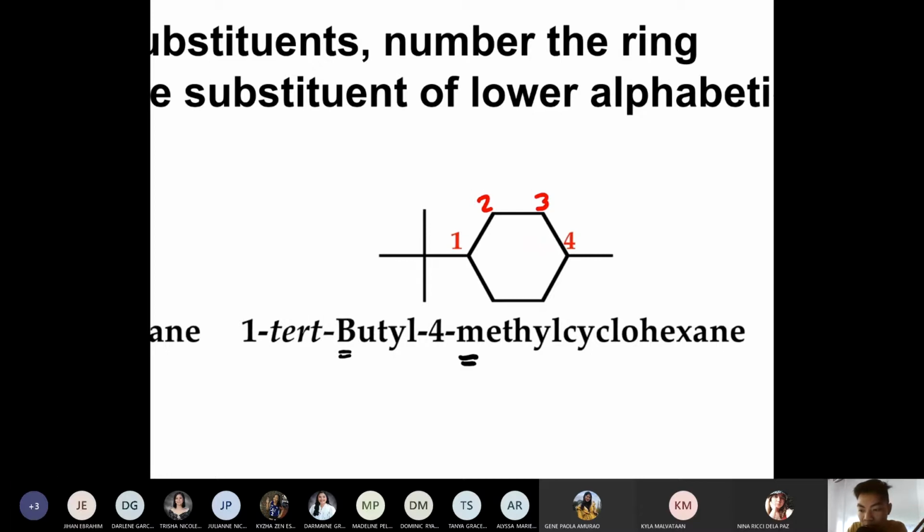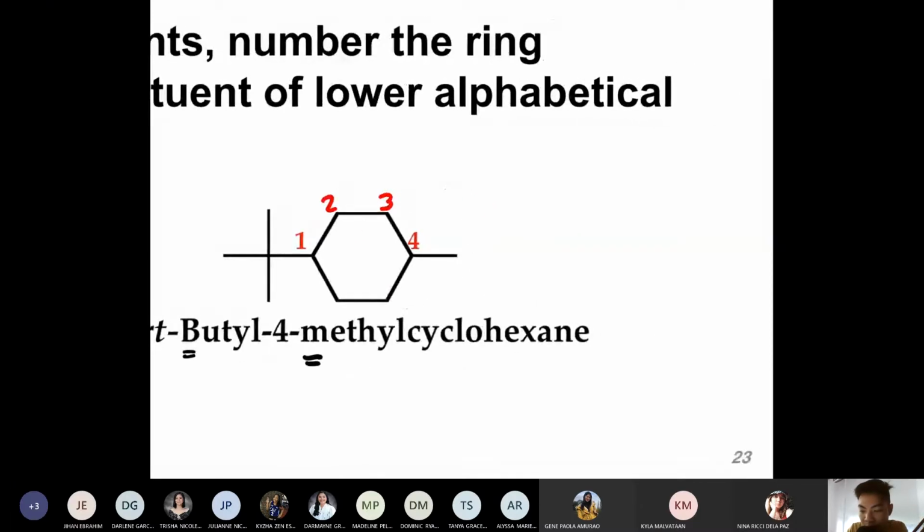For example, teka lang, gawa tayo dito ng isa pang version. O kunwari, ganito naman. So this is the same. You have your tert-butyl and your methyl group. This is your cyclohexane. However, pag magna-numbering tayo, since ito ay ring, pwede tayong mag-go to the left or to the right, no?